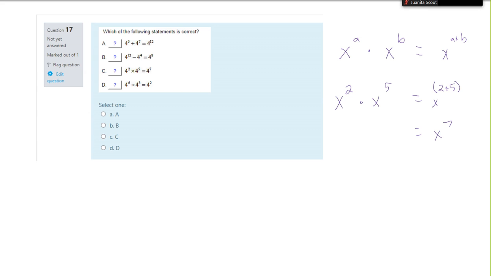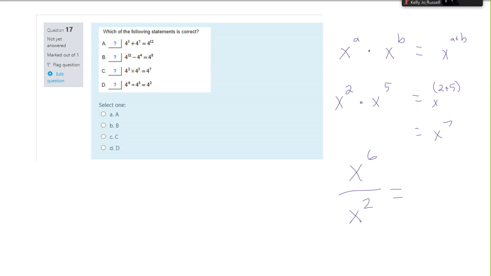The other rule we had is, if you divide, say I had x to the 6 divided by x to the 2, then I can subtract the exponents, because division is related to subtraction, like multiplication is related to addition.